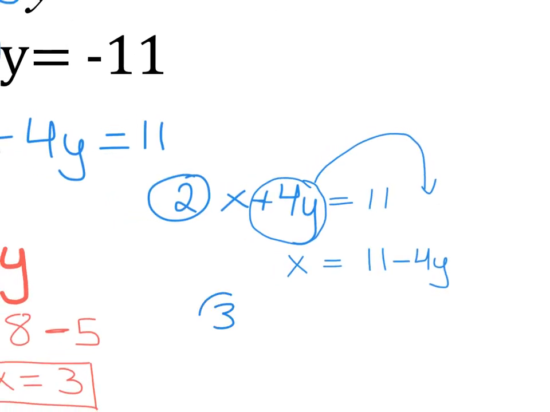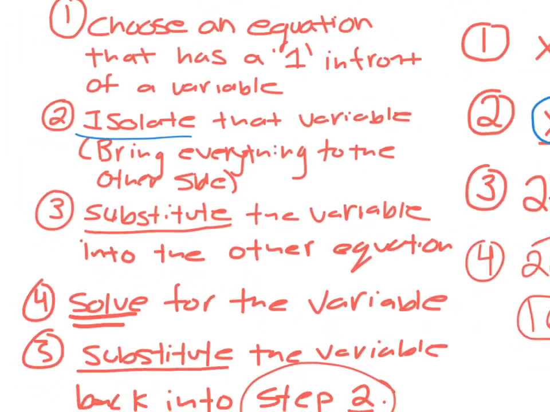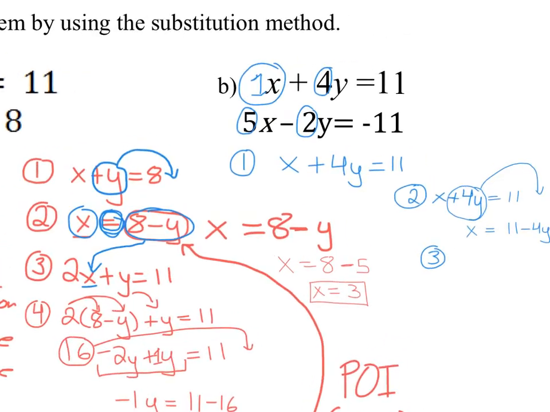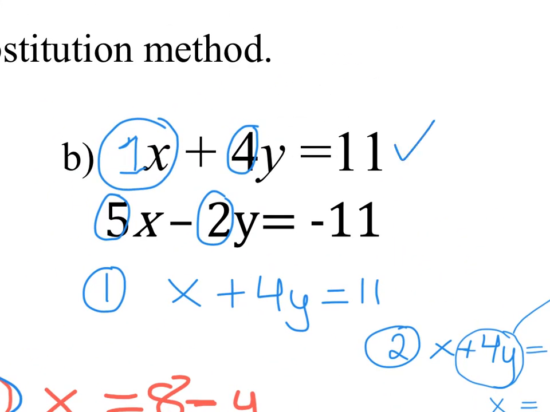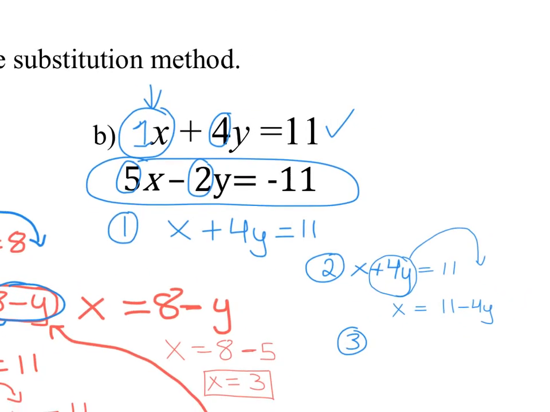The third step is going to be to substitute the variable into the other equation, into the equation that we didn't use. So now if I go back, we used this first equation and we isolated for this x. So the other equation is 5x minus 2y equals negative 11.